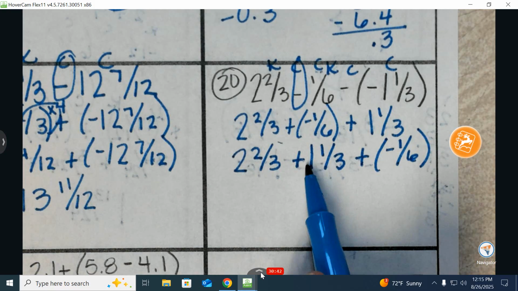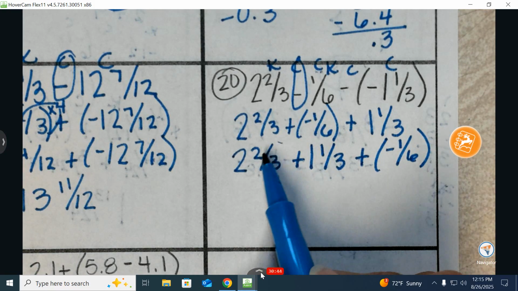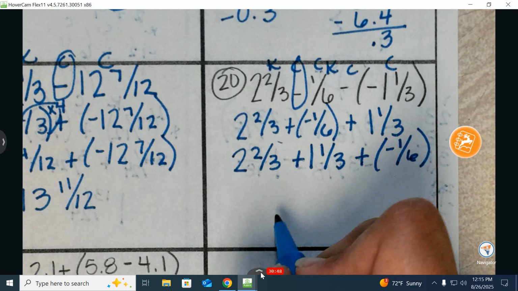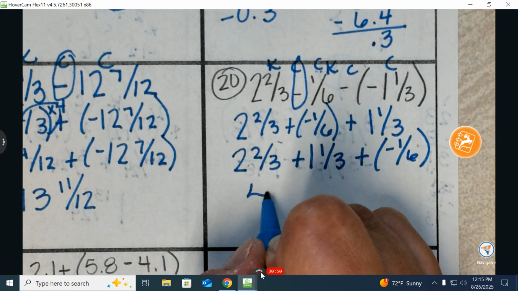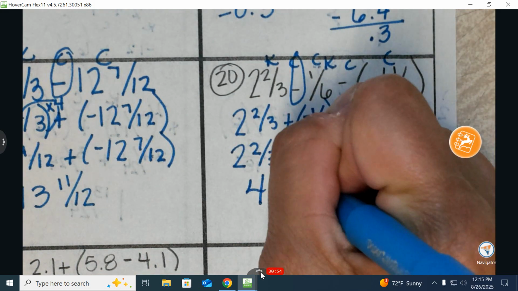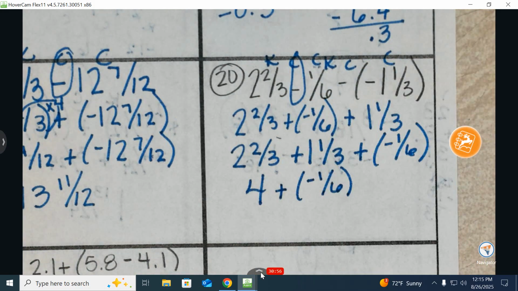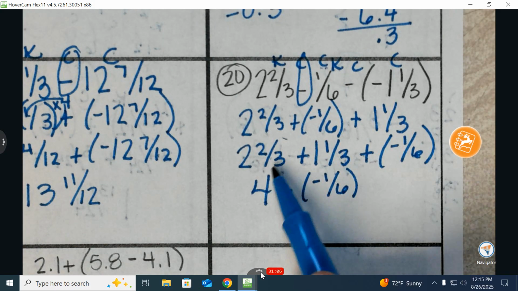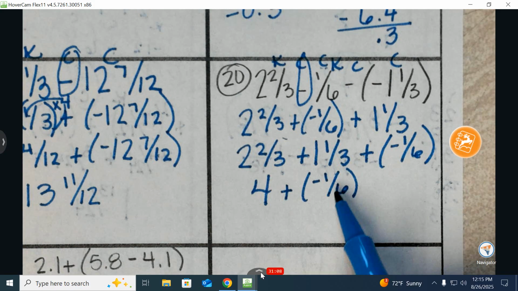Okay, so 2 plus 1 is 3, 3/3. 3 3/3 is actually 4 plus negative 1/6. And again, there's multiple ways that you can do this. This is just the way that my brain saw it. I cannot subtract 1/6 from no fraction here.